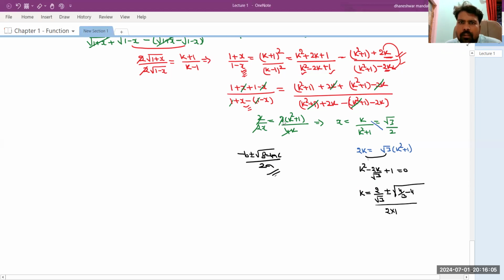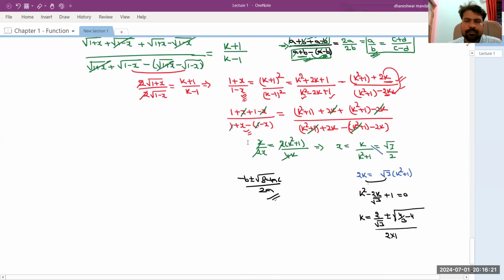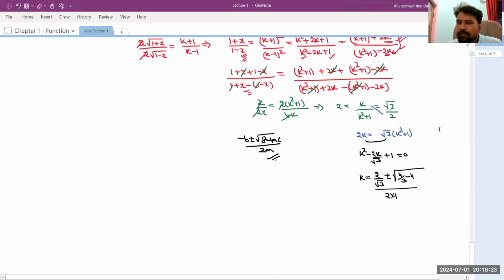Here we have k square plus 2k plus 1. K square, interchange this term and interchange this term. Is this clear to everyone?